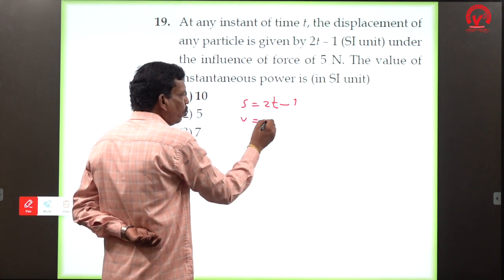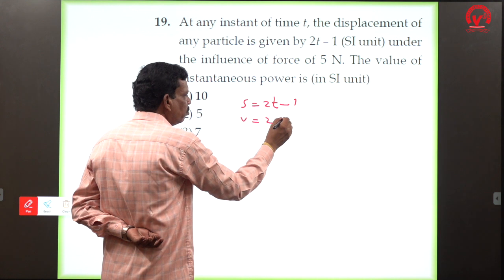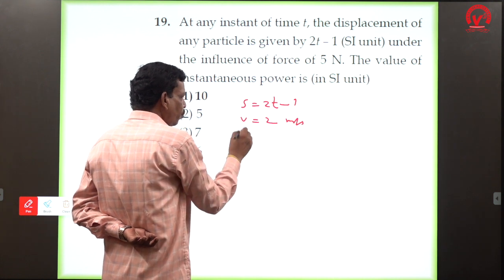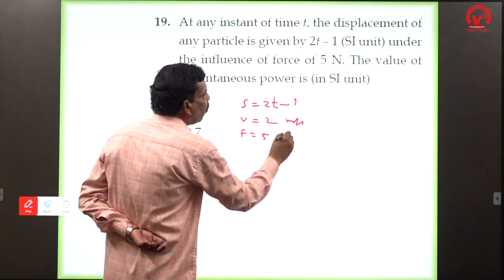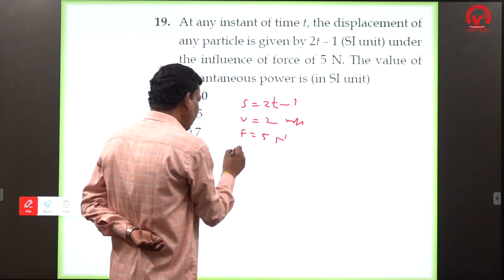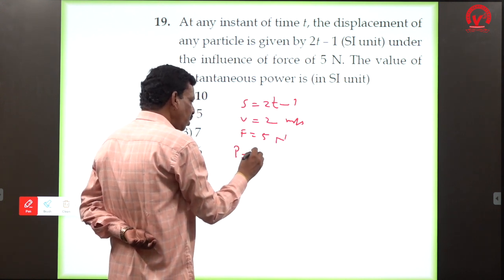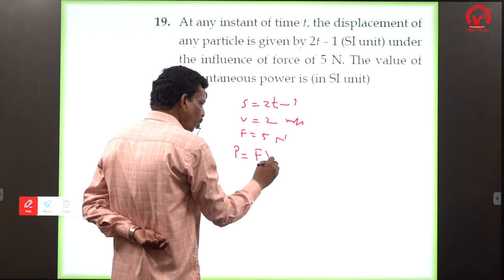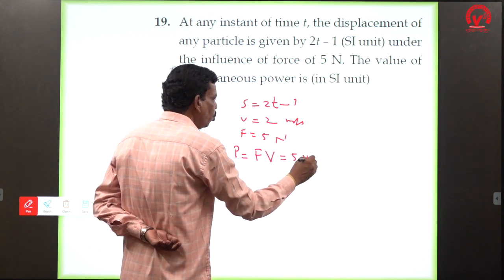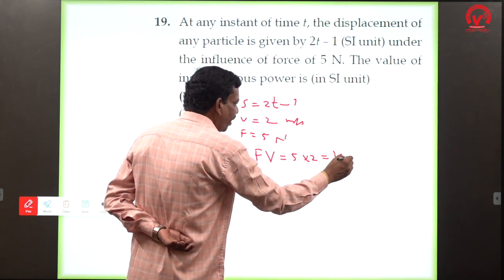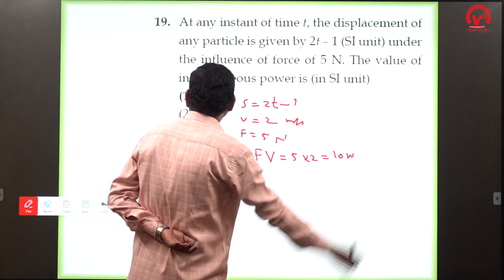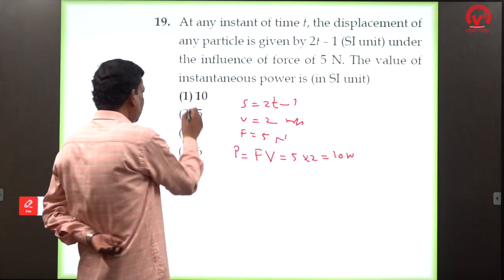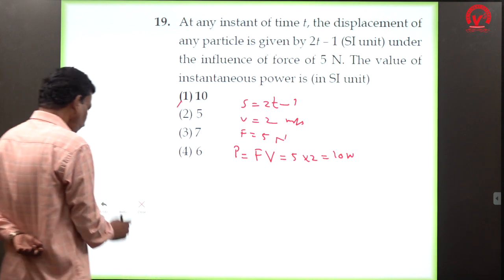Velocity is equal to 2 into 1, 2 meter per second. Then force given, how much? 5 Newton. Then P is equal to F into V, 5 into 2, that equals 10 watts. Whatever. Question number 1.